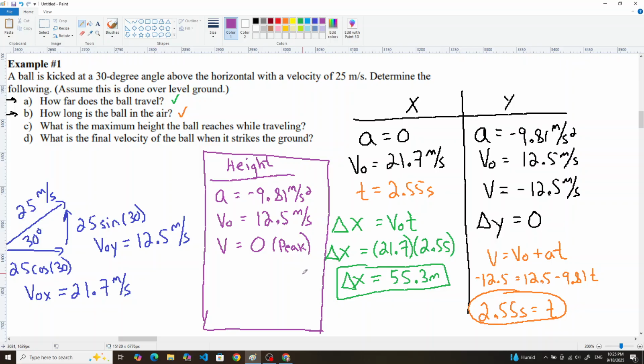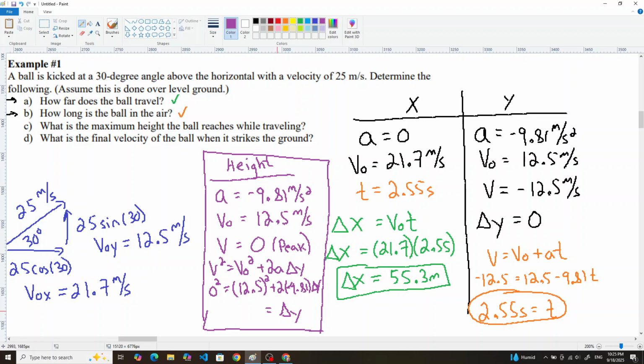Now, a huge point that comes up in physics: what is the velocity of a projectile at the top? A lot of times people want to say it's 0. You are partially correct. The y component is 0. The x component is not.